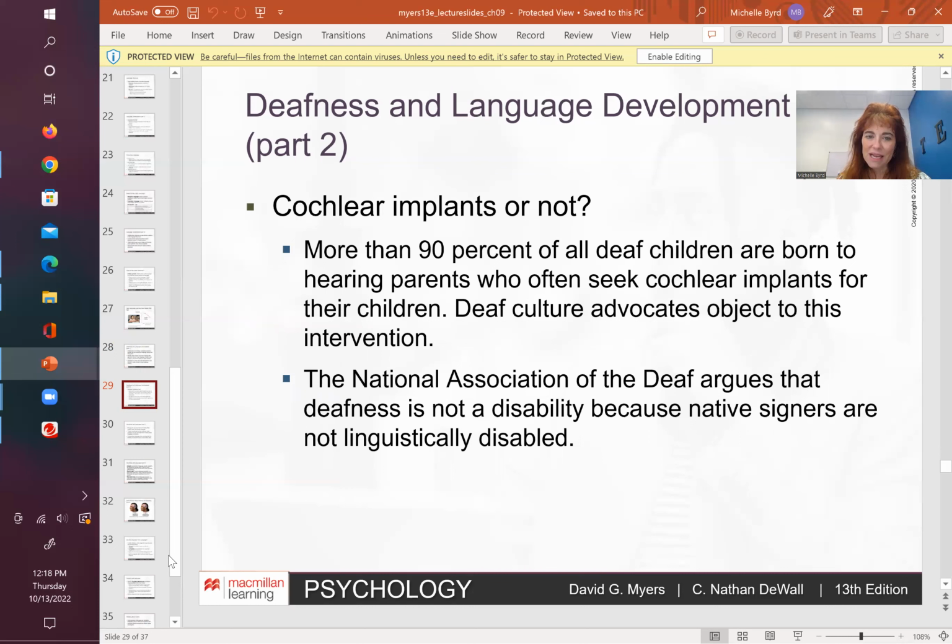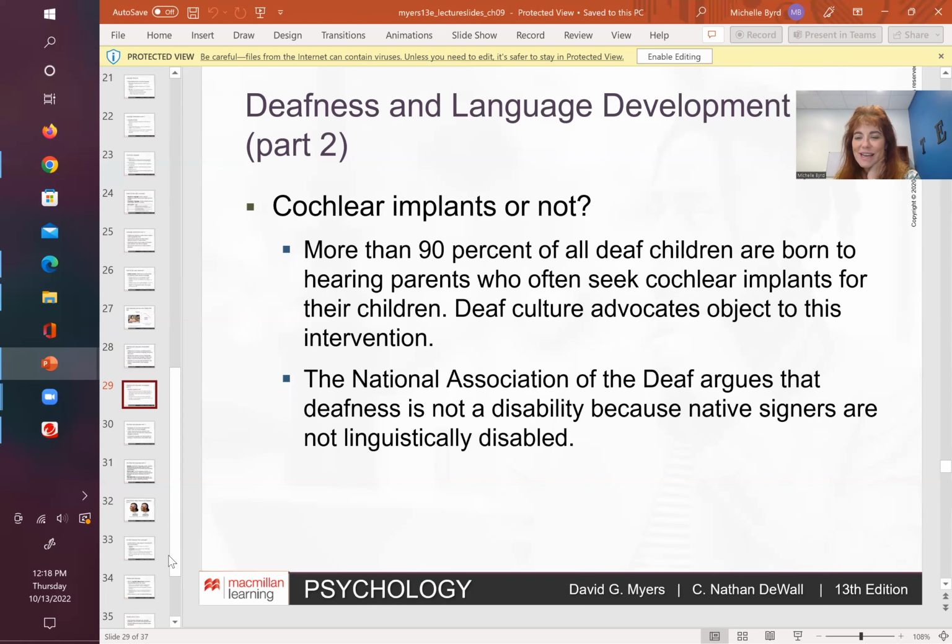So they talk about having an implant or not. More than 90% of all deaf children are born to hearing parents who often seek implants for their children. Deaf culture advocates object to this intervention, and that's part of the reason, because it's not a disability for them.